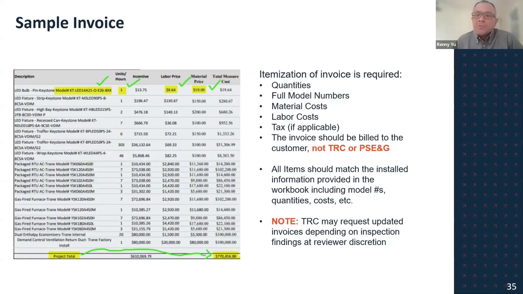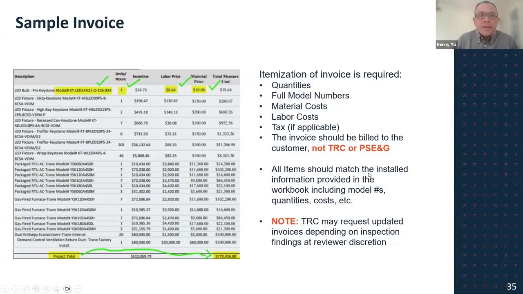This sample shows an ideal template to use to ensure quick and efficient validation. All information in the workbook should match the inputs on the invoice. So model number, quantities, labor, material price, what you see here should be exactly the same on the workbooks. So just make sure everything matches on there.